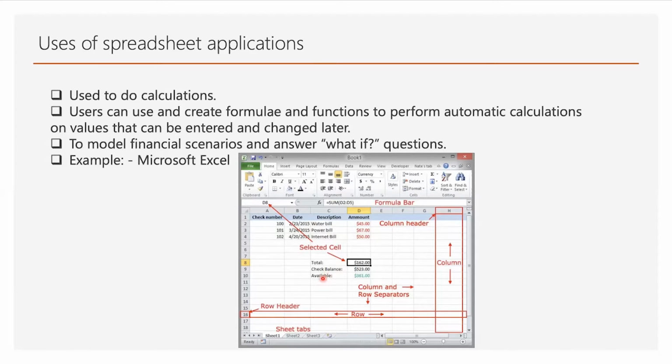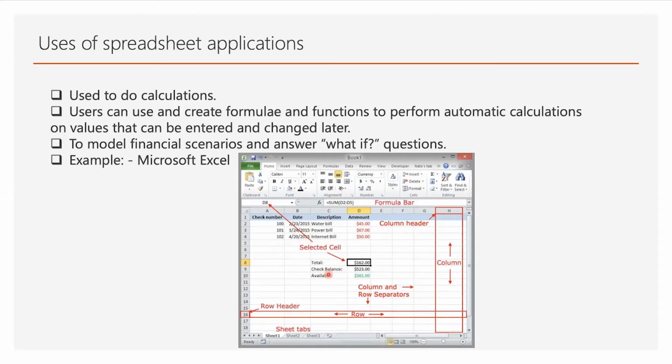Tell me, the word available is in which cell, Anatika? D9. Available, this one. Which cell does it belong to? C10. Yes, C10. Very good.